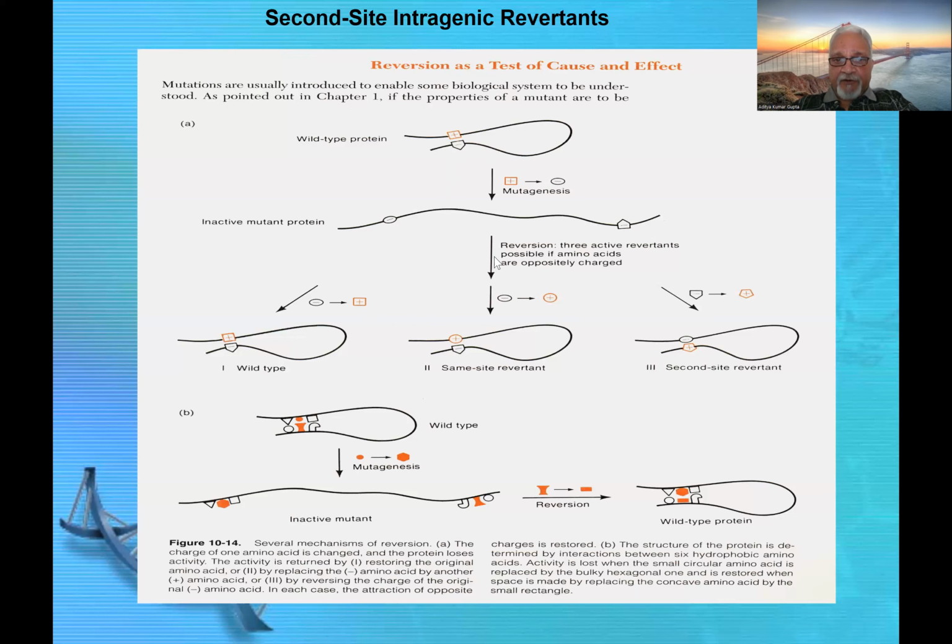Now, if there is a reversion, that's what we are considering. Now, if there is a second mutation, one possibility is that the same nucleotide which underwent change is converted back to the original nucleotide sequence, and the changed amino acid now becomes the original amino acid.